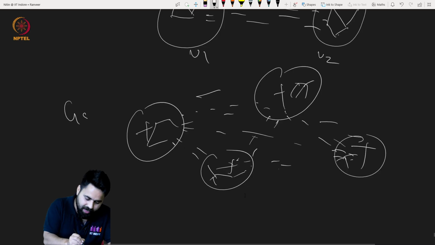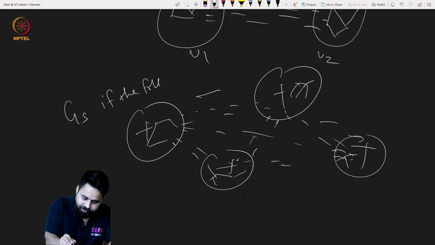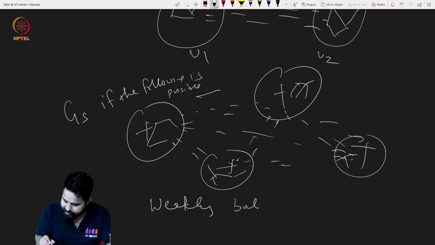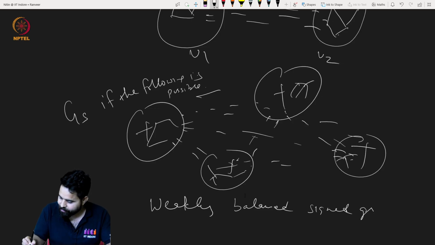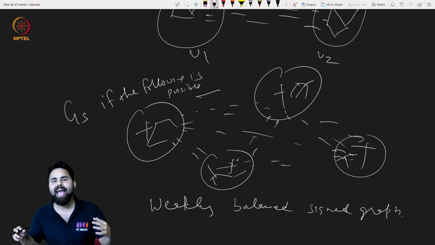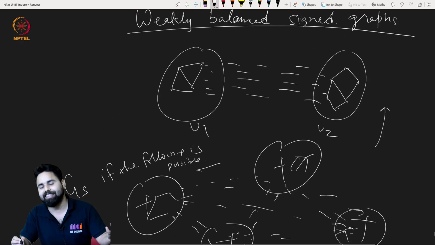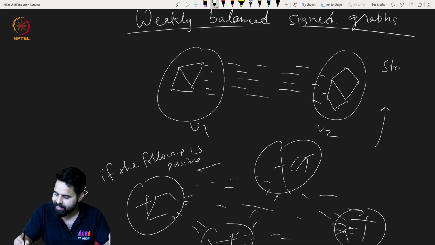If this is possible for a signed graph, then we call it a weakly balanced signed graph. In this setup, when there are only two clusters, we call it a strongly balanced signed graph.